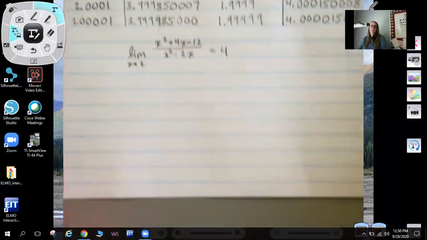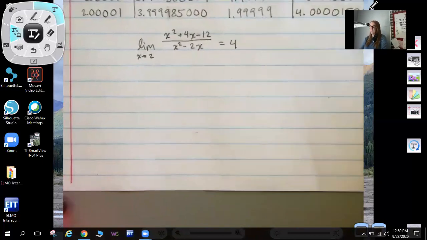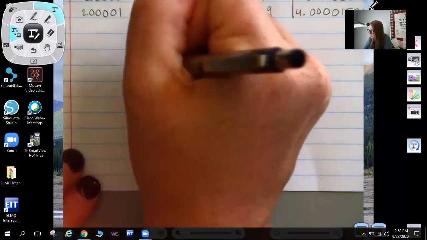All right, I want to take a look at what is happening on the graph of this function.